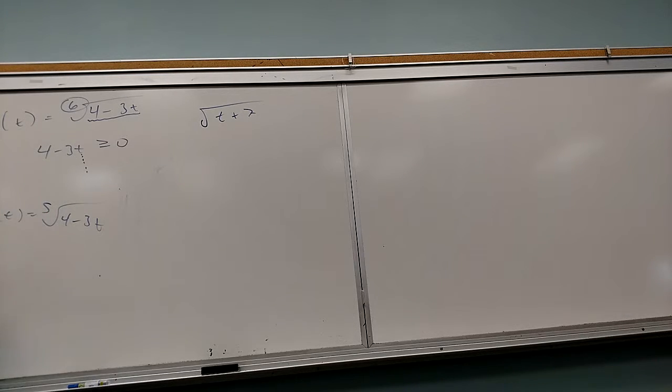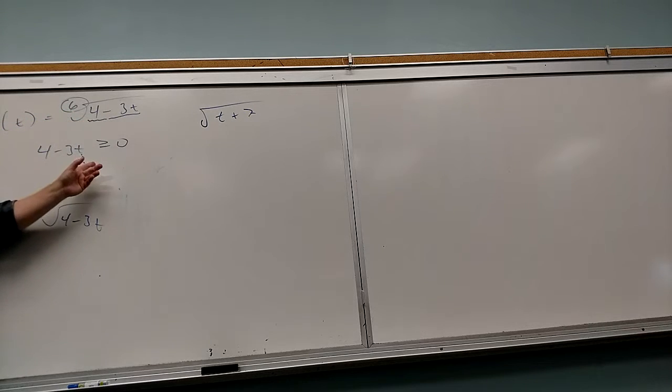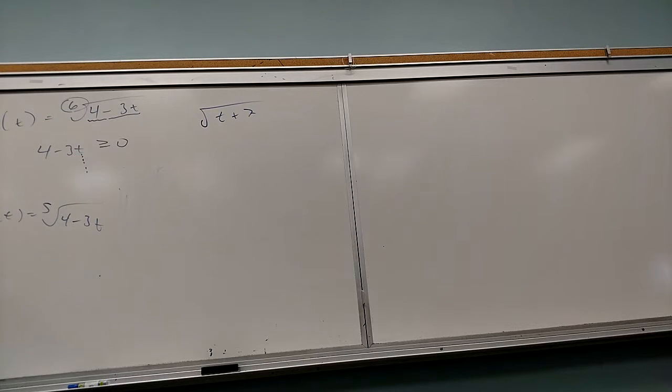Odd roots can handle negative inputs, because when I raise a negative number to an odd power, the answer is still negative. But the minute I raise a negative number to an even power, all the negatives cancel. It's always positive. That's why these cannot handle negative inputs. It becomes something else that we haven't even learned yet.